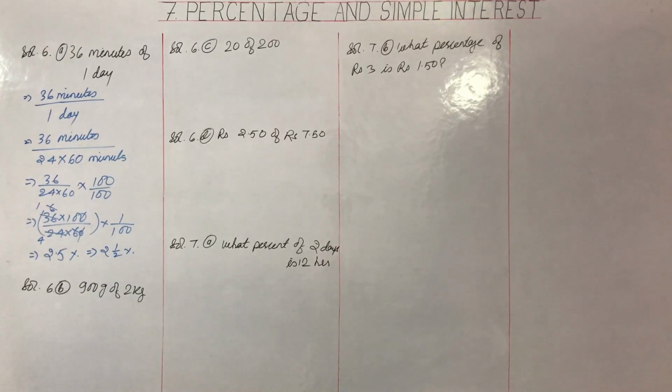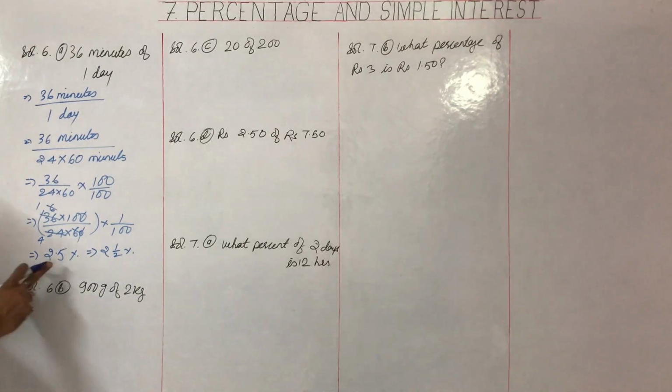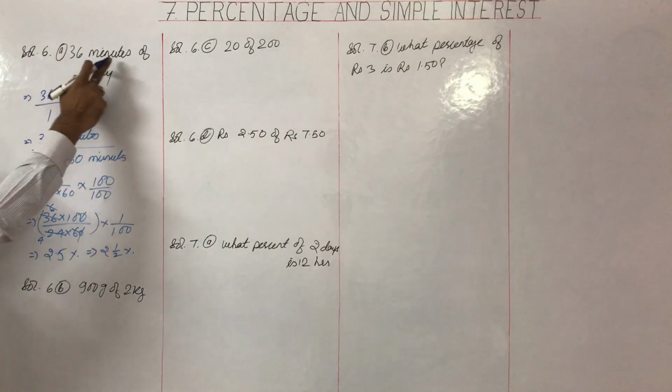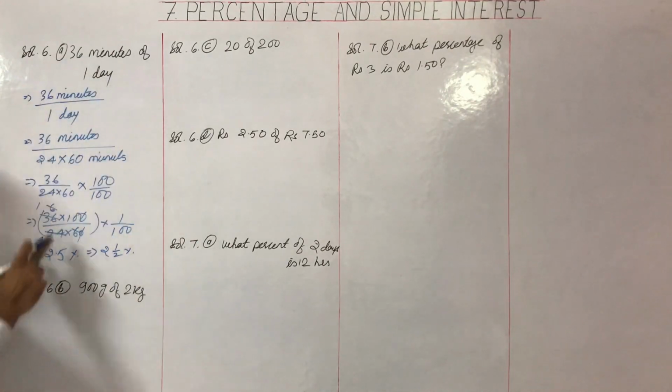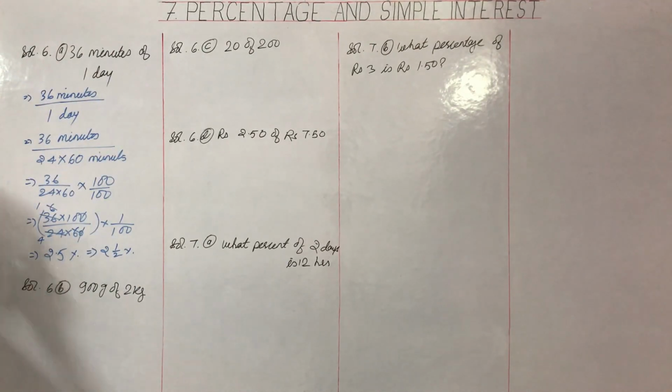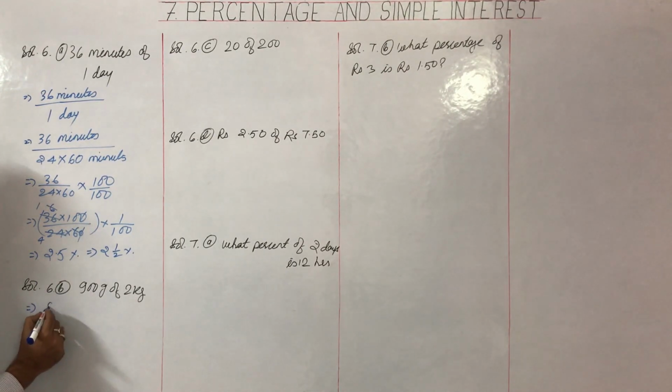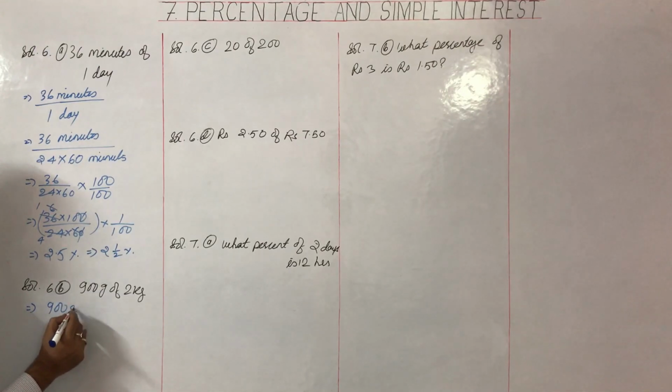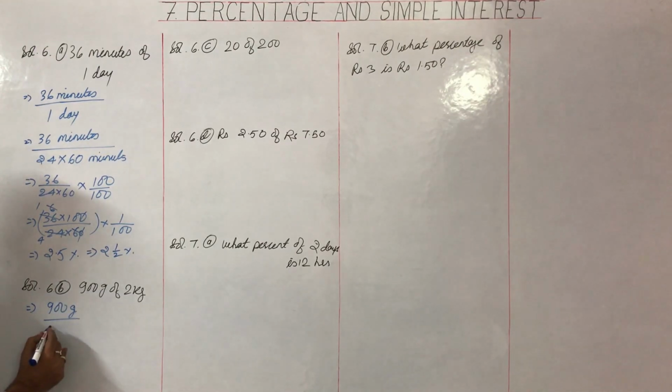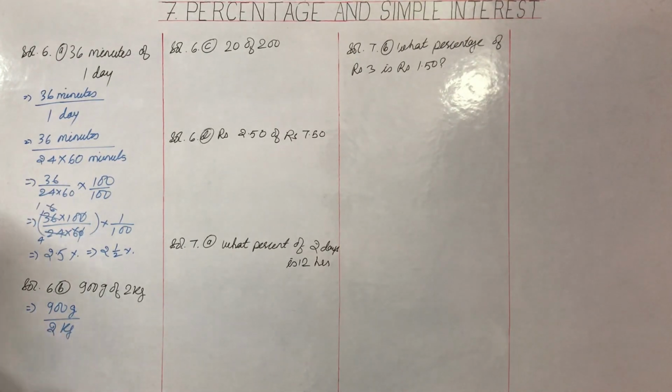36 minutes of 1 day is equivalent to 2.5%. So 36 minutes of 1 day is 2.5%. Then 900 gram of 2 kg. Again we have 2 units, 900 grams and 2 kg, kilograms.